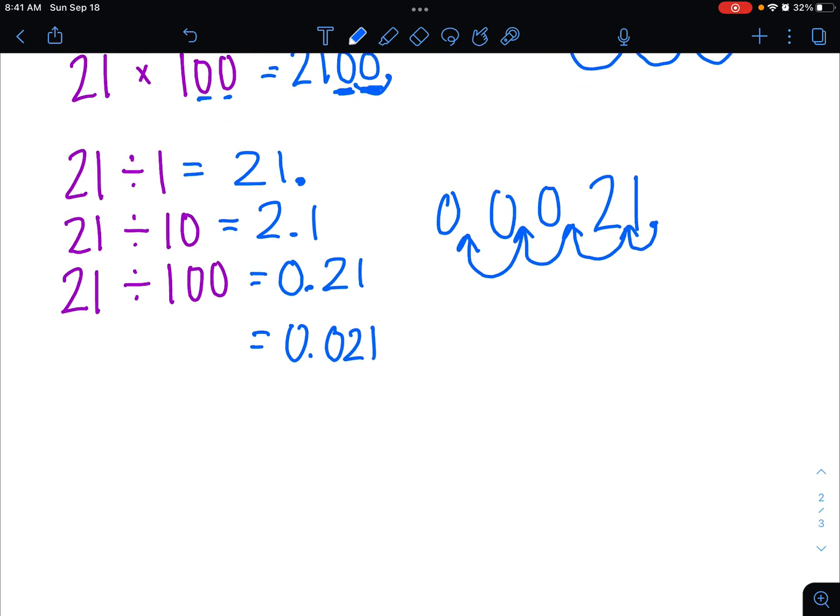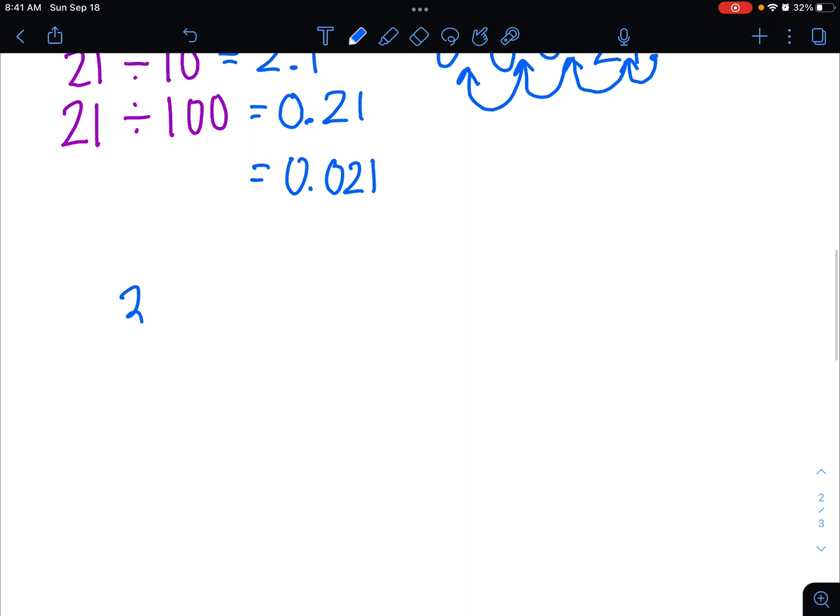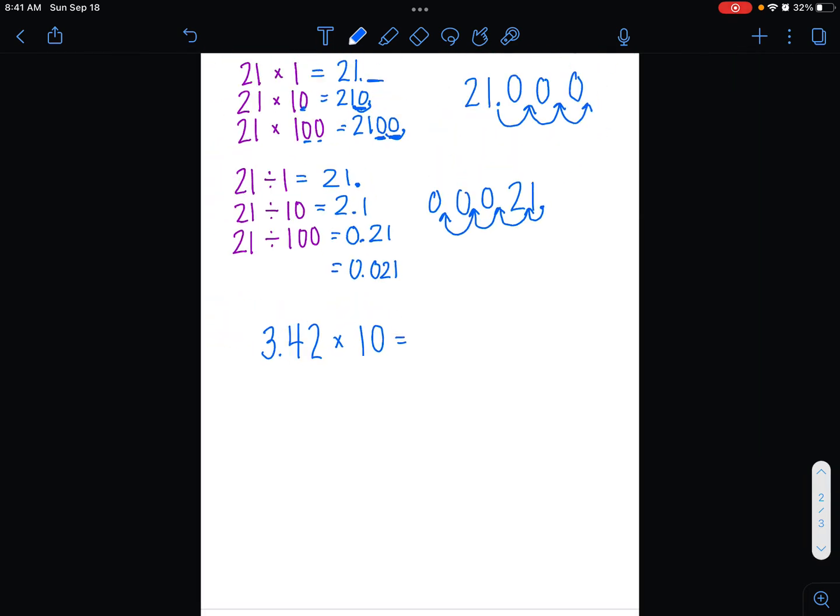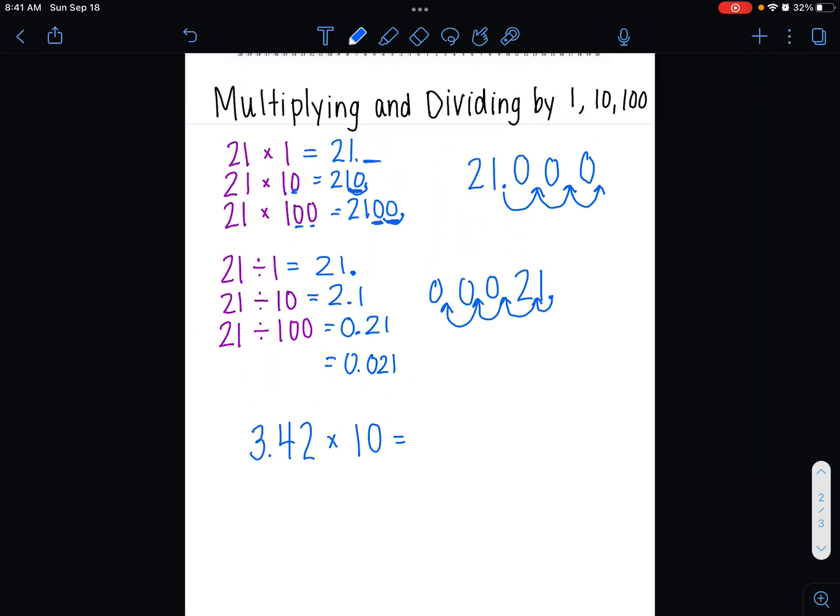So if we have, for instance, let's say 3.42, and we want to multiply that by 10. Looking back up here, our numbers are getting bigger, and our decimal's moving to the right. When we multiplied by 10, it moved to the right one time.